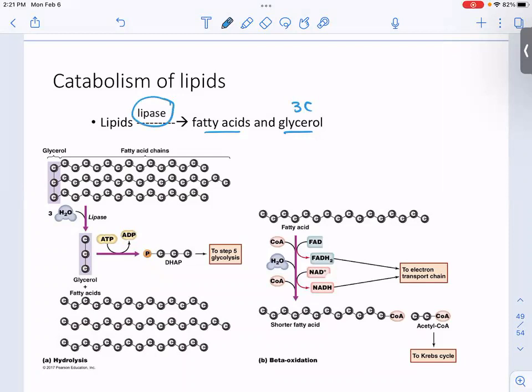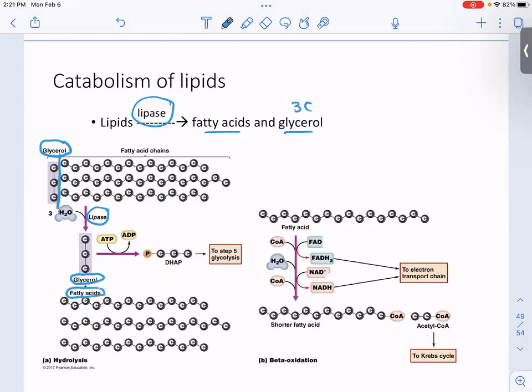And that will split the lipid into fatty acid chains and glycerol. So here we see that here. Here's the 3-carbon glycerol. Okay, the lipase is going to cleave the molecule right there, and you end up with glycerol and 3 fatty acids.